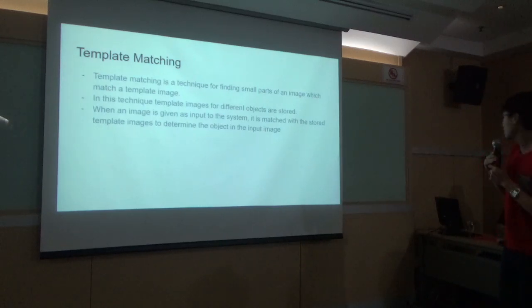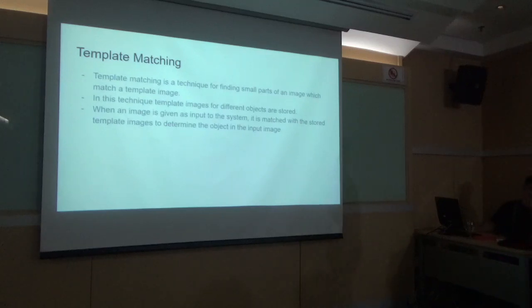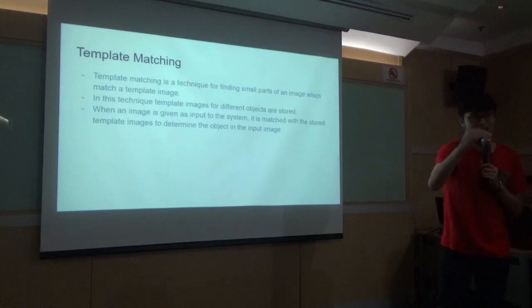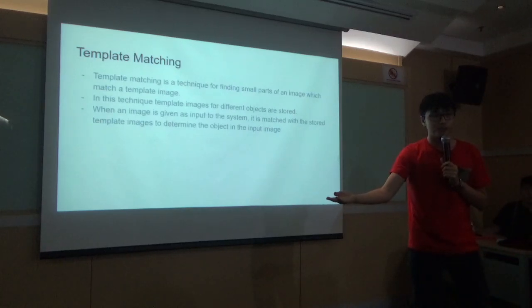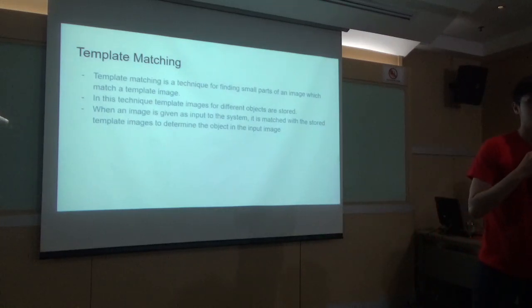In RCNN, we use the region proposal, and we filter to get the data, and then we use the CNN again to see whether it's the object or not. And then we use SVM to classify the label.